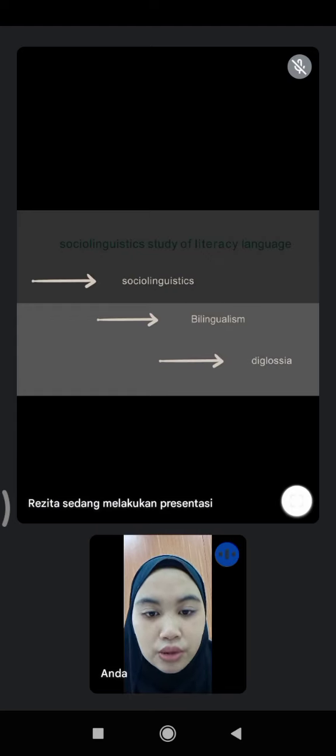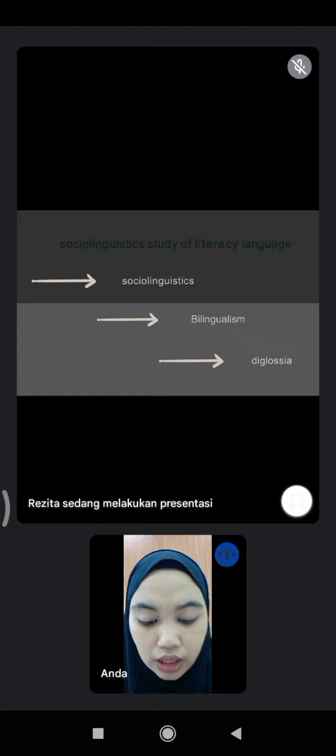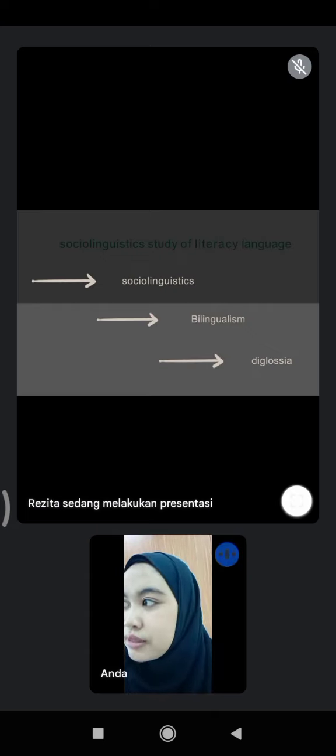And the third is about diglossia. Diglossia is a situation in which two distinct varieties of language are spoken within the same speech community. For example, in New York City, where many members of the Hispanic community speak both Spanish and English. Next.